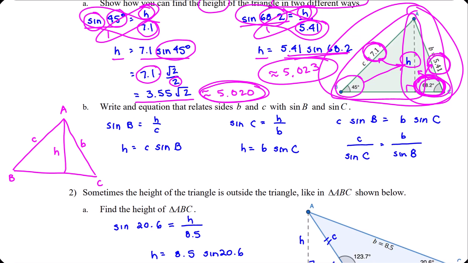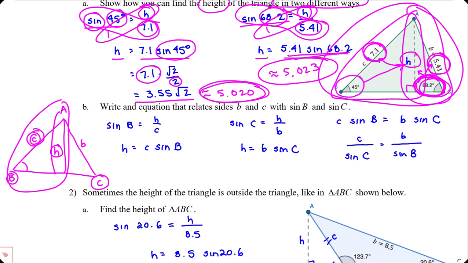So we just saw that if we take this right triangle here, that sine of b is h over c. And again, c is the side opposite angle c. We don't label these arbitrarily. The sides are always across from the angles.